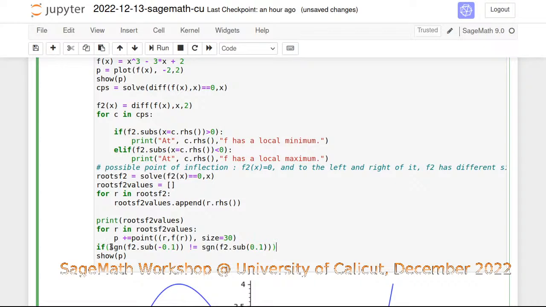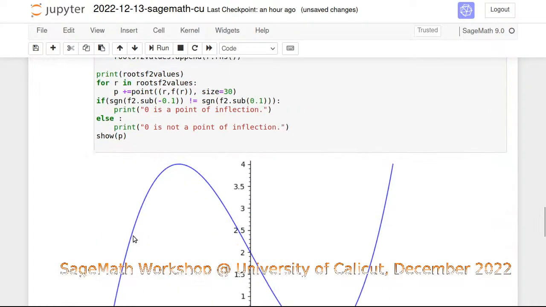So we will conclude, since already the value is known to us, else, not a point of inflection.